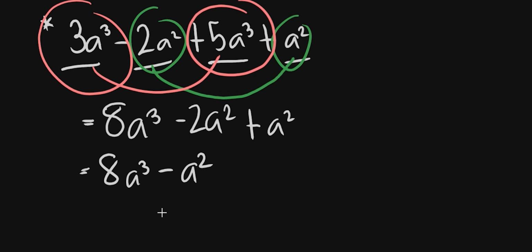So there you go. You can't further combine these two since they have different terms. This one has a cubed and this one has a squared, and they have different exponents, therefore they can't be further combined.